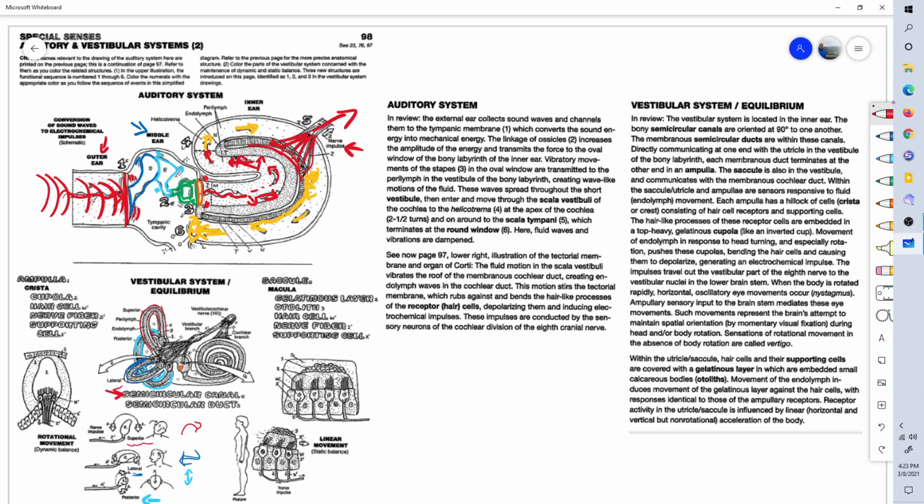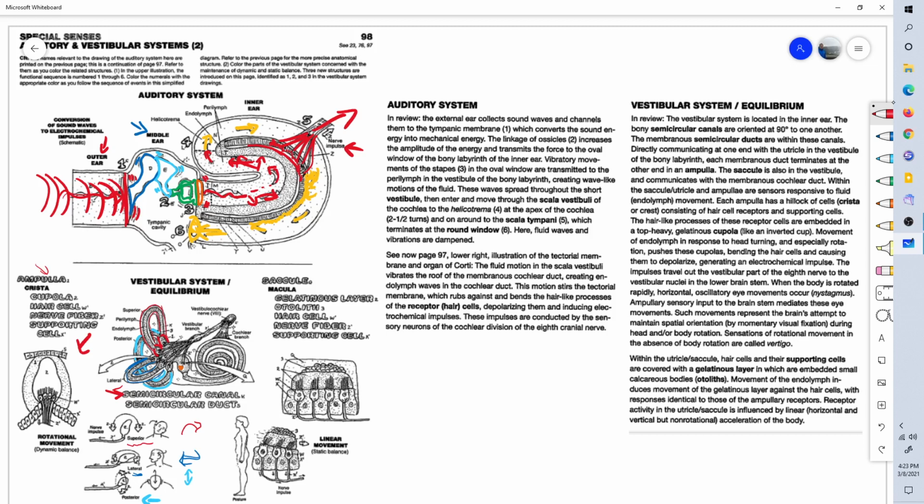Very important to this discussion are these little areas called the ampulla. The ampulla are these little rounded out areas here. And what is contained in these ampulla are these structures called a cupola with a hair cell attached to it.